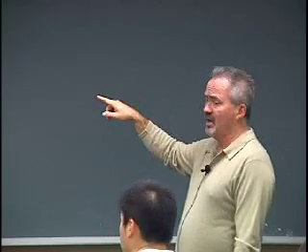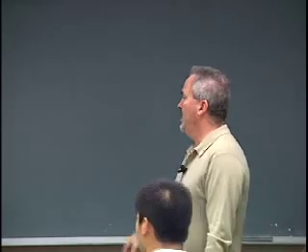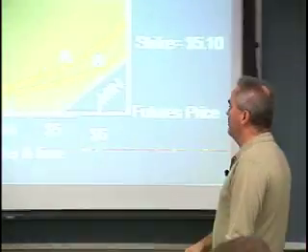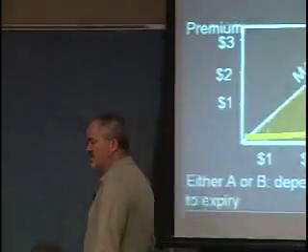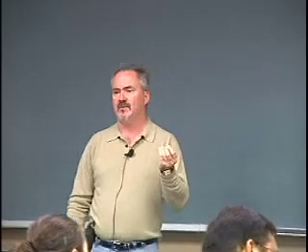So here's a call option, and we have the minimum and the maximum value. We said that the maximum value was the futures price, because even if the strike was 0, nobody would pay more than the futures price for an option. No rational person would.